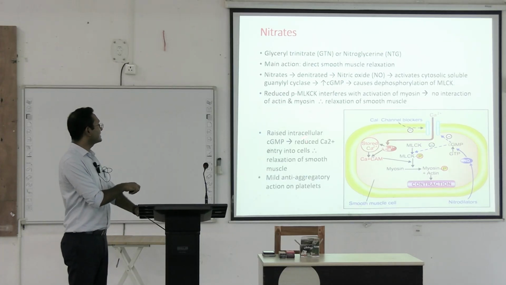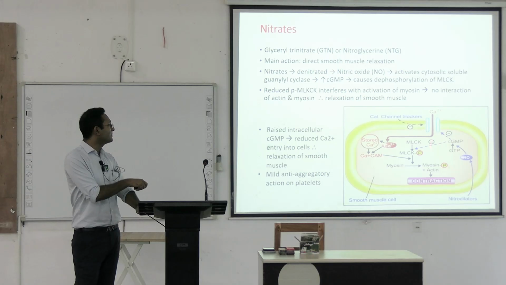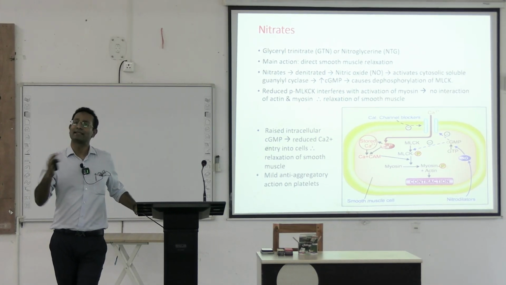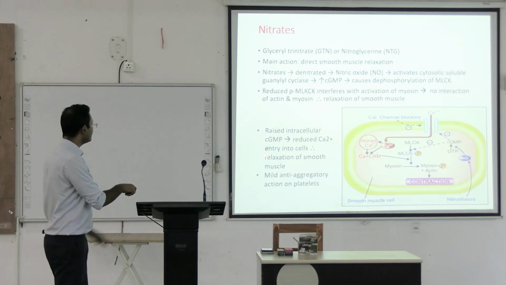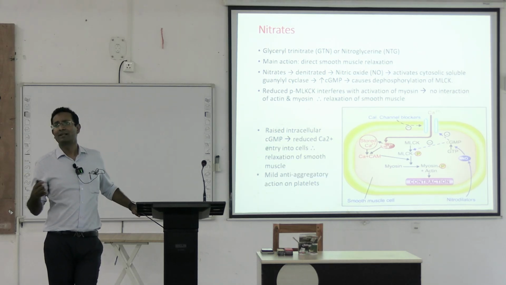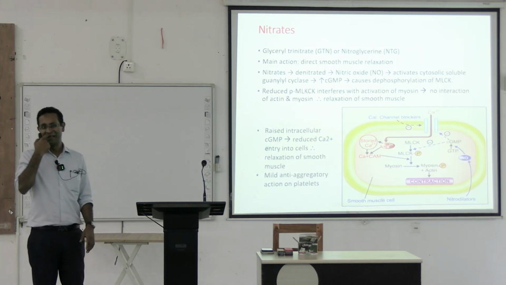Another action: this raised intracellular cGMP reduces the calcium entry into the cells, thus again helping in relaxation of the smooth muscles. Also, because of the NO donor or nitric oxide release, it has a mild anti-aggregatory action on the platelets.